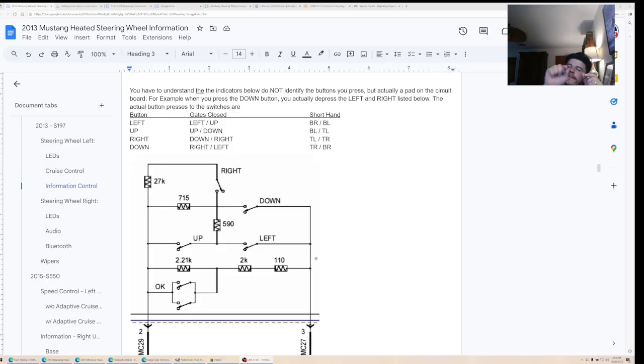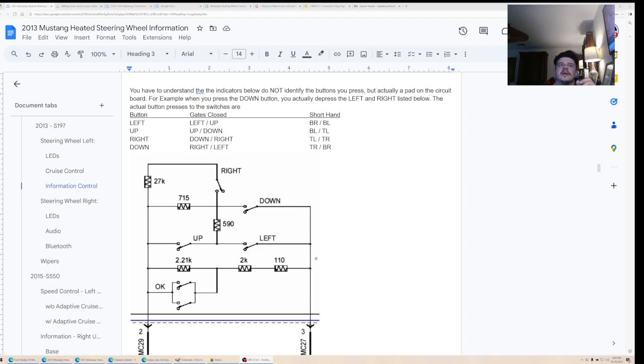That means the carbon pill underneath that cannot be right underneath that, okay? It's on the sides. So you have one on the right and one on the left. On the left button, when you have the LED right under the left, you have a carbon pill on the top and the bottom. So what actually happens is when you press up, two of these switches close.